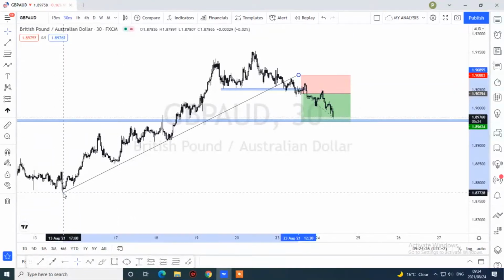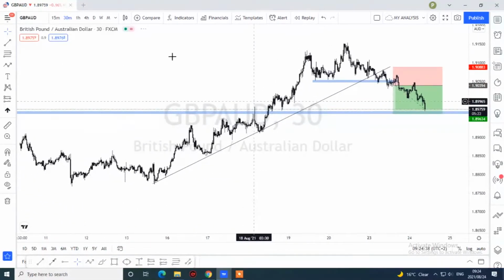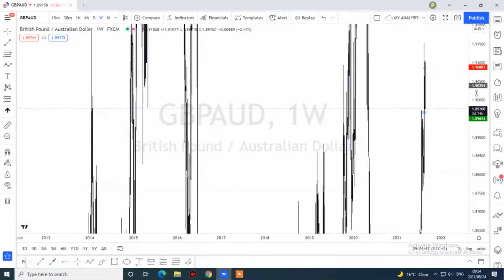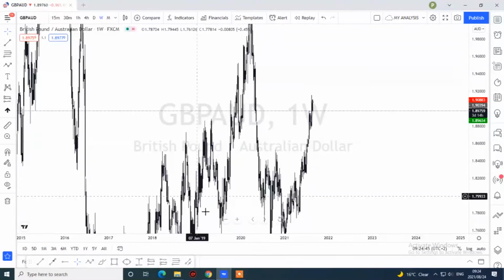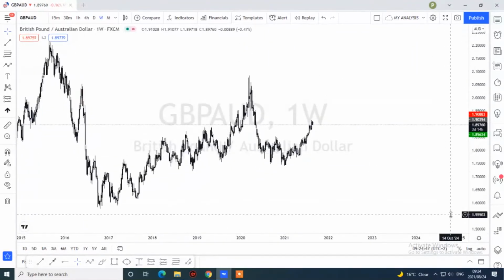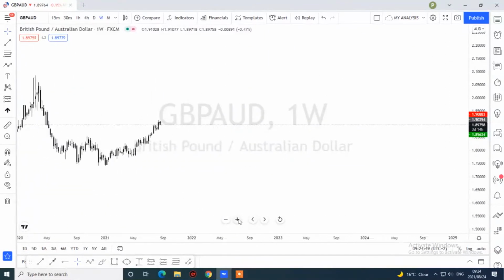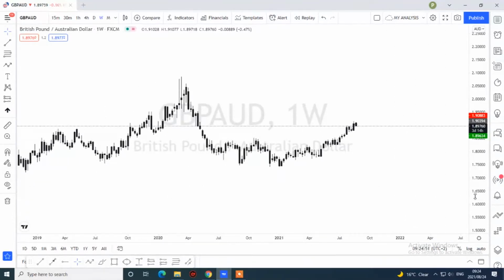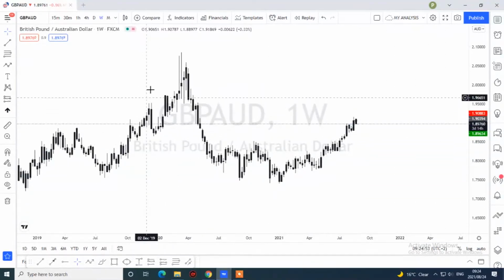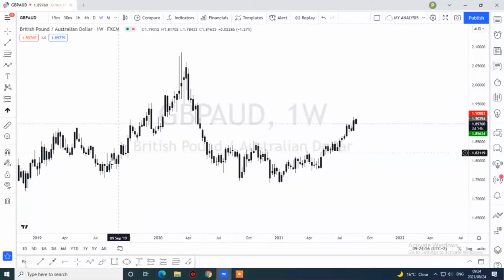So what happened here, if you can go to your weekly time frame, you can actually see what has been happening. The market shot up.